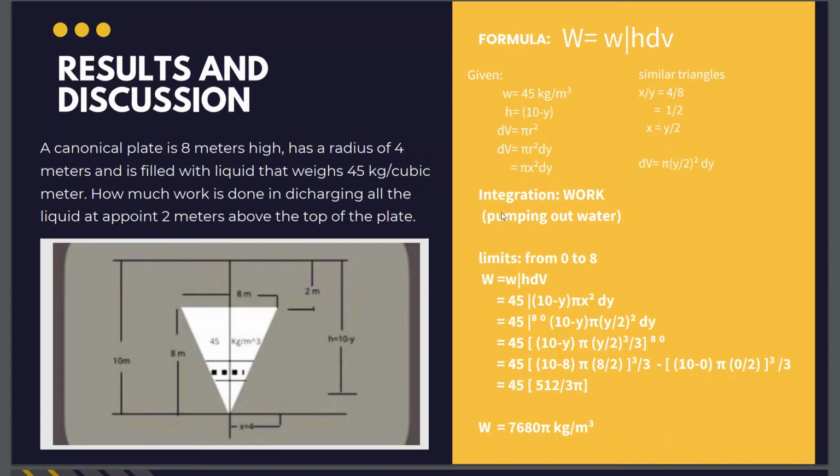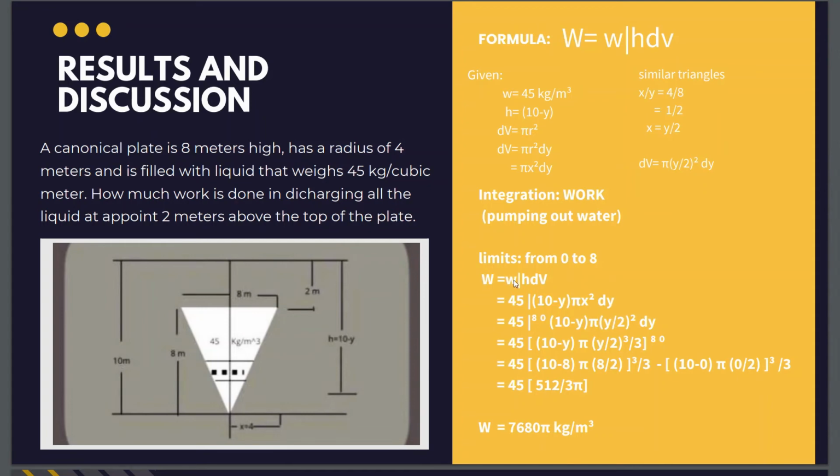Let us now integrate our work. Integration of work, pumping out water. Our limits are from 0 to 8, from the origin or the base up to the top of the plate. So we have our formula.